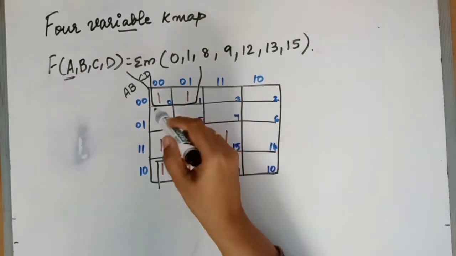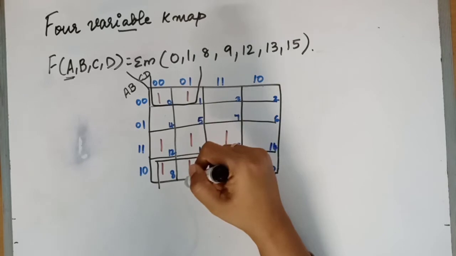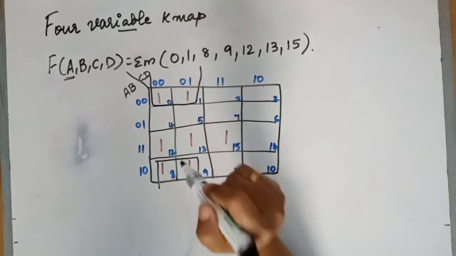So instead of grouping it as 2, you can group it as 4. That is better. Okay, so that is the first group.